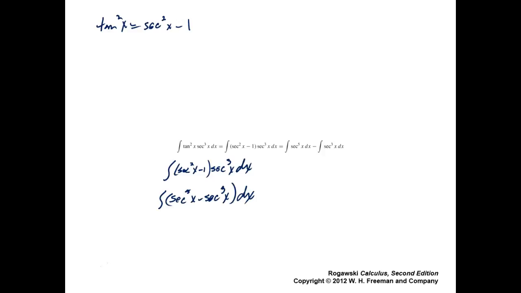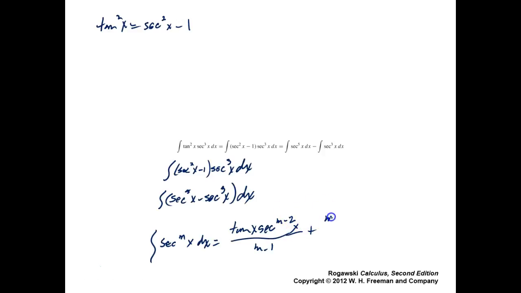It tells you that the integral of secant to the nth x dx is equal to tangent x secant to the n minus 2 x divided by n minus 1. Why don't I memorize these? It would be so easy, wouldn't it? Right.